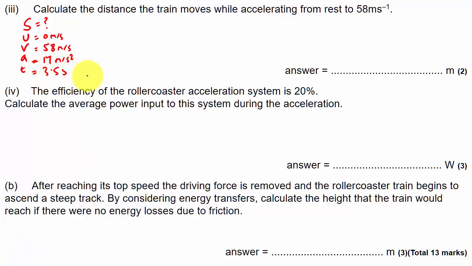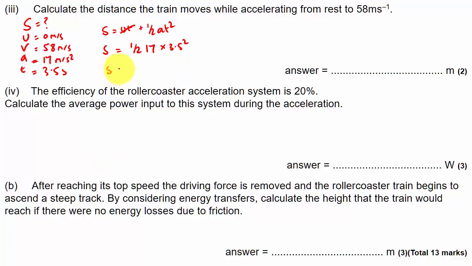So I need to look at my equation sheet and determine which is the best Suvat equation to calculate S. So there's several ways of doing this, but the equation that sticks in my mind, and I never seem to be able to forget, is S is equal to ut plus a half at squared. I can see that I can get rid of u because u is 0, so I'm simply going to do S equals a half of the acceleration, which is 17, times the time squared.